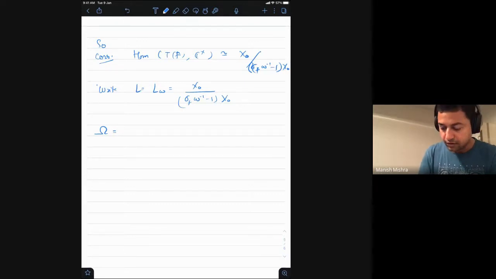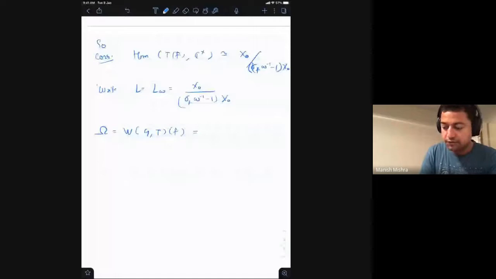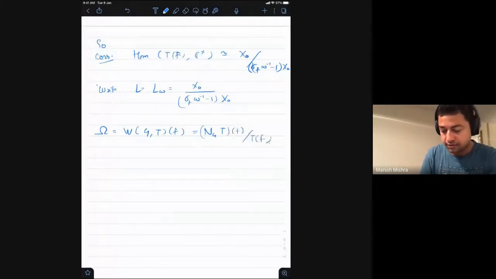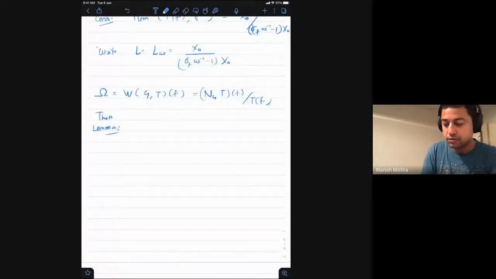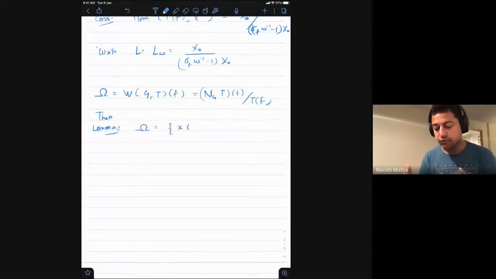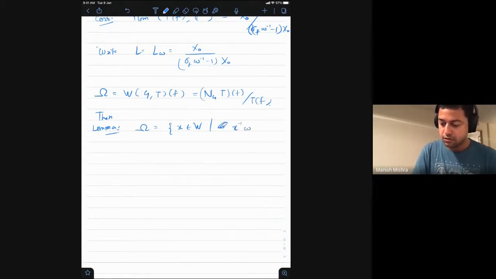So the Weyl group of the torus T, the F-rational points, is N_G(T)^F mod T^F. Then there is a lemma which is proved in Carter's book that the Weil group of this torus T, which is obtained by twisting by omega, is the twisted centralizer of omega.